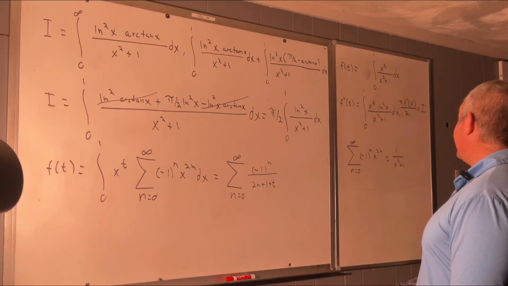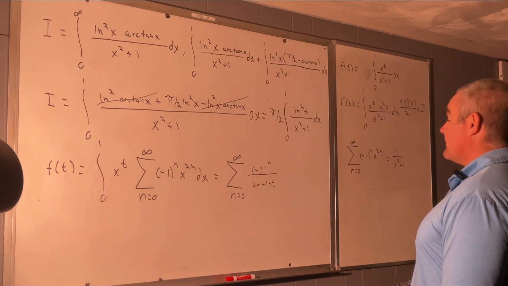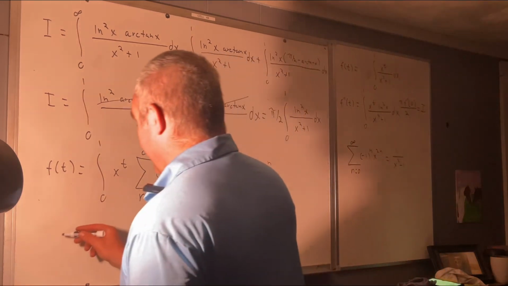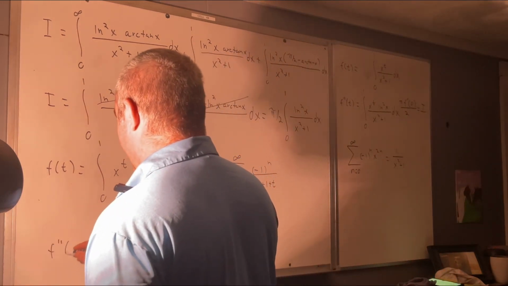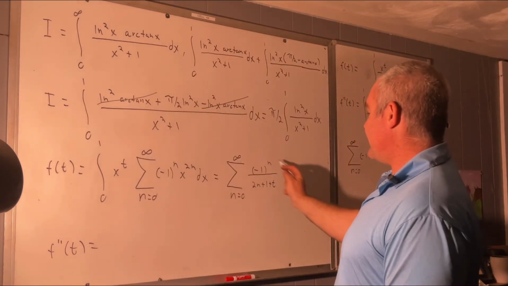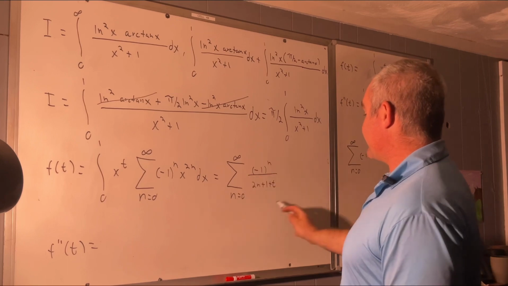Well, we want f double prime of t for the purposes of evaluating our integral. So f double prime of t is going to be equal to the second derivative with respect to t of this expression right here.